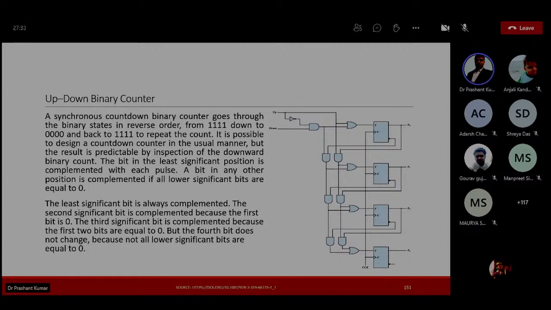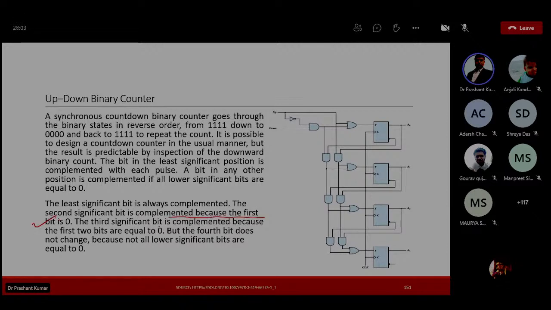The bit in the least significant position is complemented with every pulse, and the bit in any other position is complemented if all lower significant bits are equal to 0. So the LSB is always complemented, and the second significant bit is complemented because the first bit is 0.